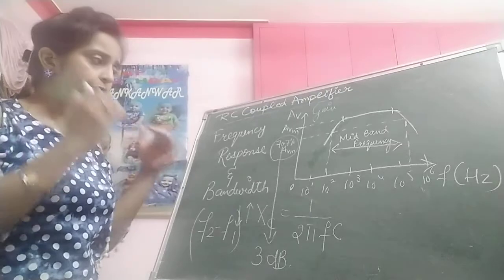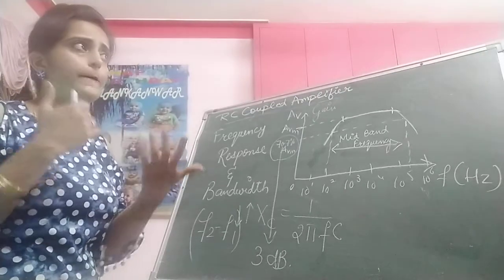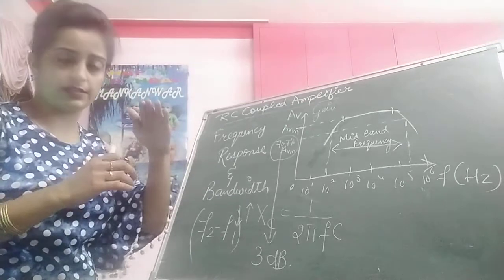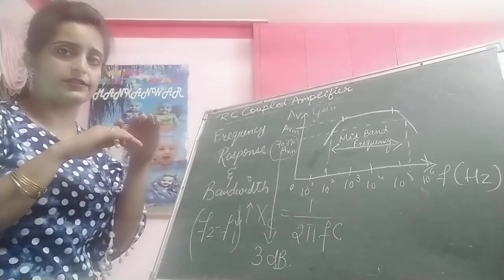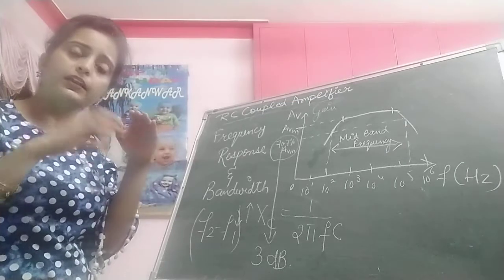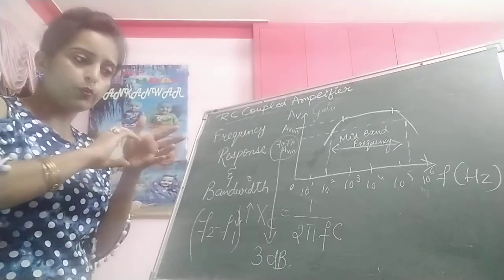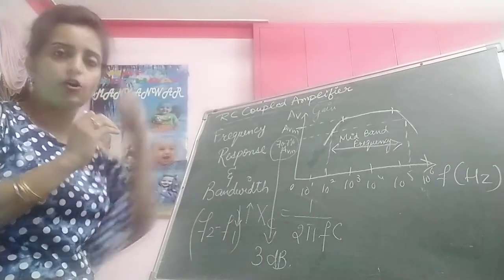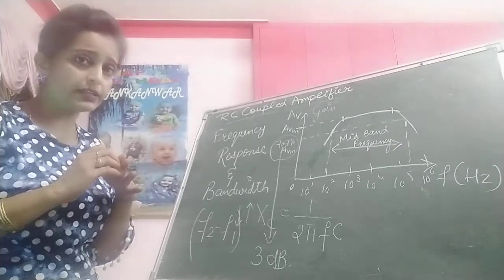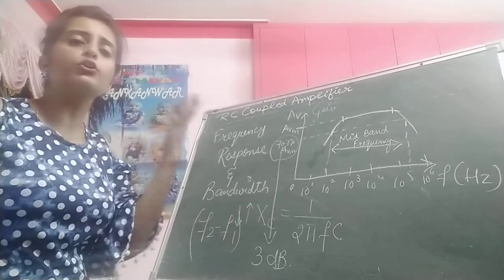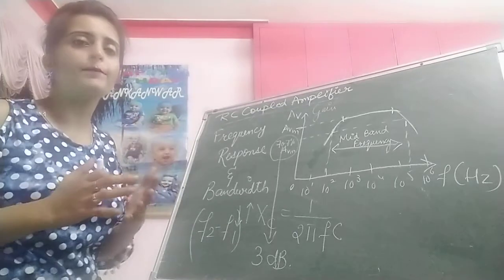Say we listen to a sound at 100% volume, and then we reduce the volume to 70.7% of that maximum. Our ears will not respond to the change that has happened.